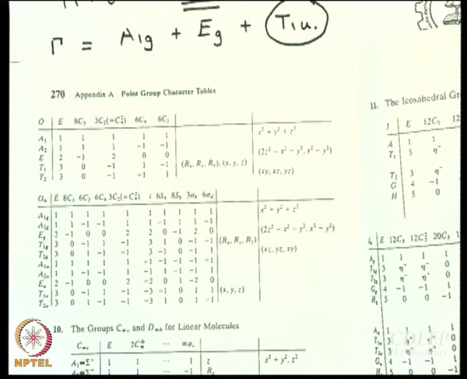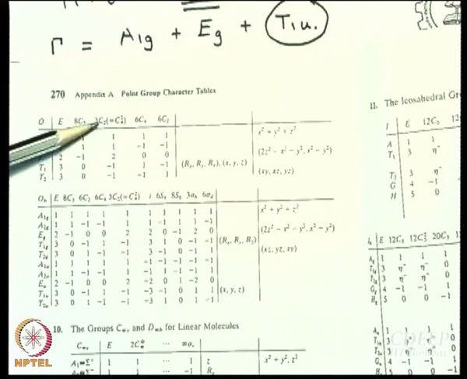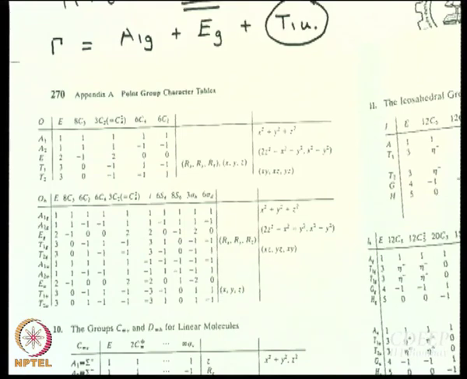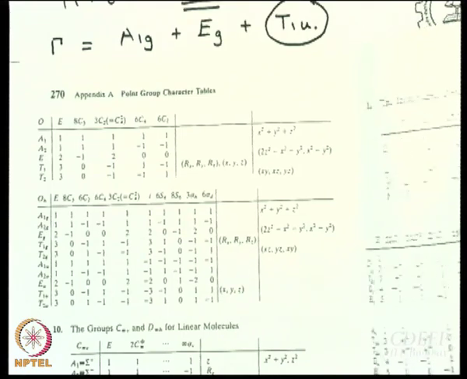Do you see that O is actually a subgroup of Oh? Whatever is there in O is there in Oh, but the advantage of working with O and not Oh is very clear. How many symmetry operations are there? 1 plus 8, 9 plus 3, 12 plus 12, 24. Half the number of symmetry operations. So for this purpose, we are going to work with O.